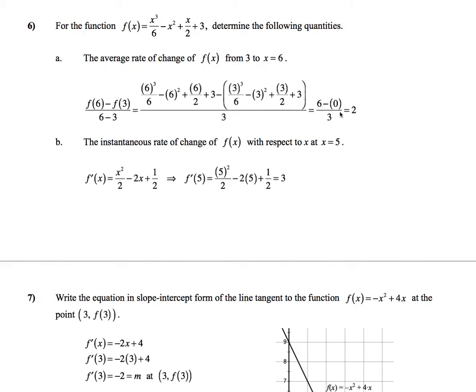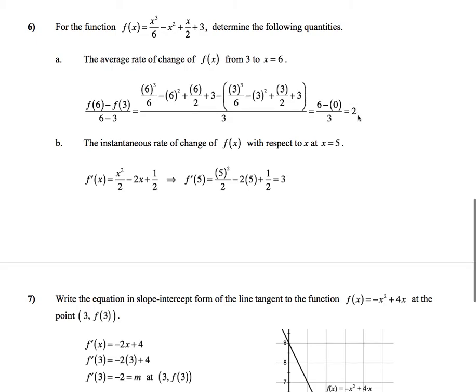So 6 minus 0 is 6, and the denominator 6 minus 3 is 3, so 6 over 3 is 2. That's a very wordy way of saying that this evaluation is really much simpler than it might at first appear when you see that you have fractions and cubes and stuff like that.